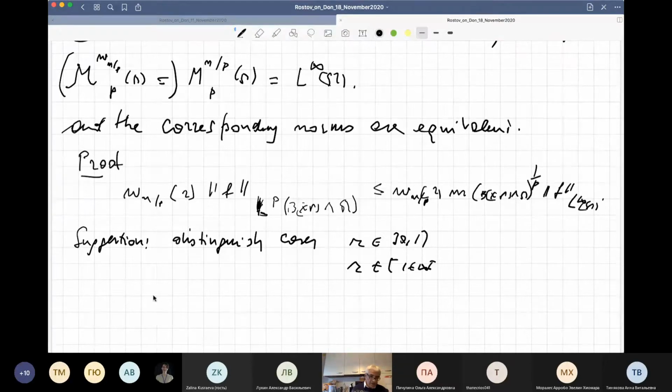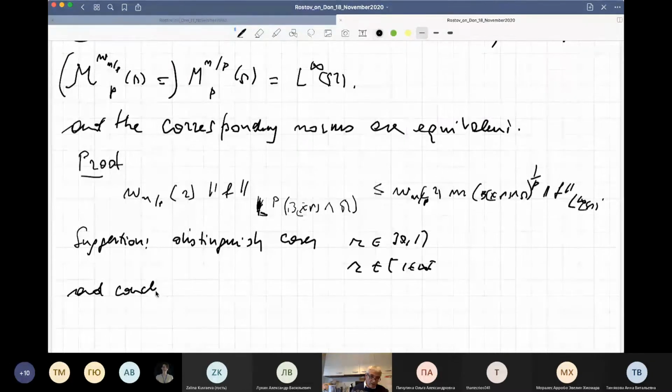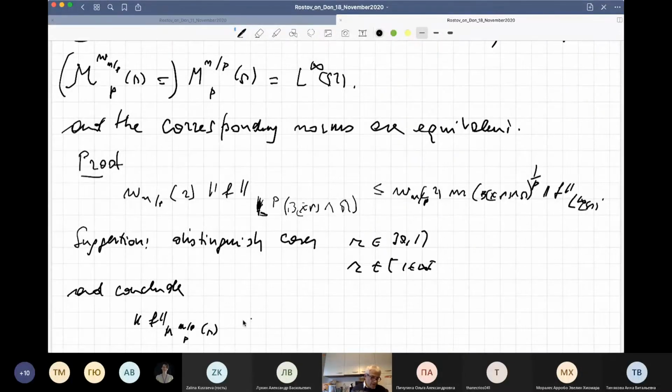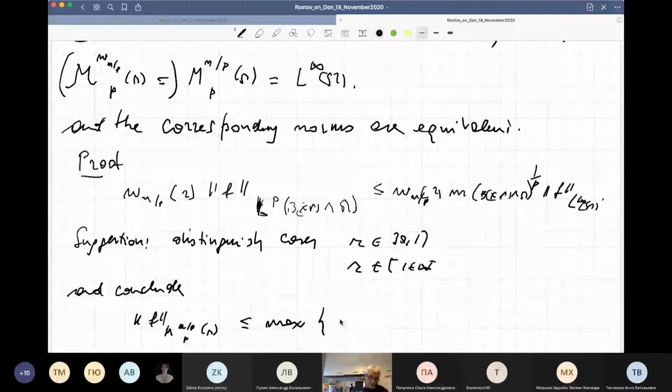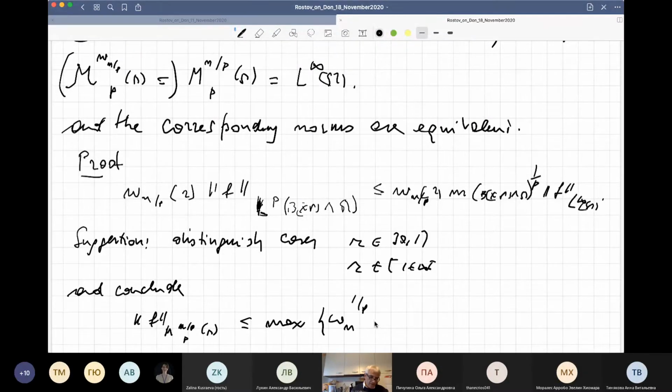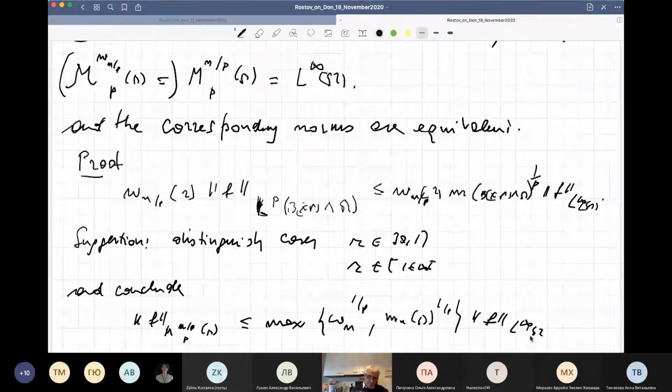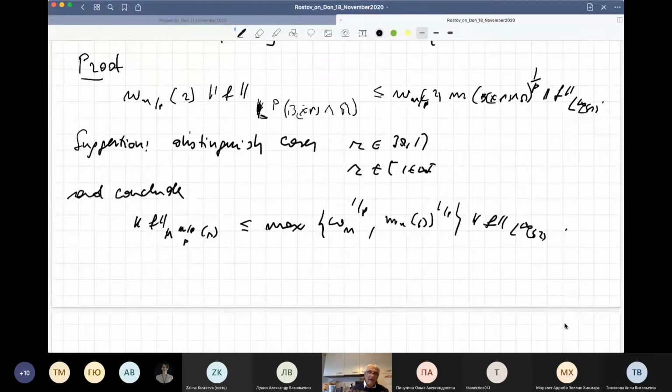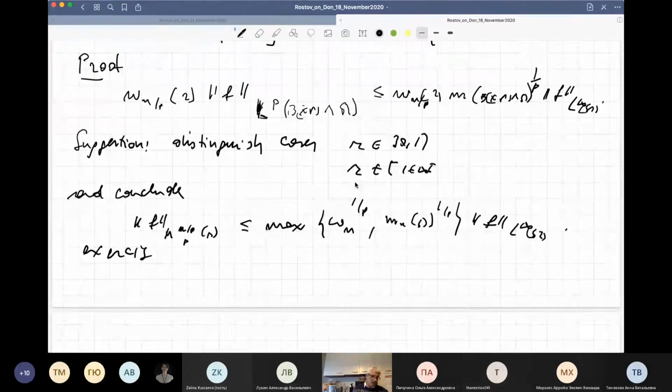And conclude that the norm of f in M n over p, p of omega is less or equal to the maximum of the measure of omega to the 1 over p, comma, the measure of omega to the 1 over p, times the norm of f in L infinity of omega. And this is an exercise for you, which I put in the notes. You just distinguish these two cases. Very short exercise, two lines.